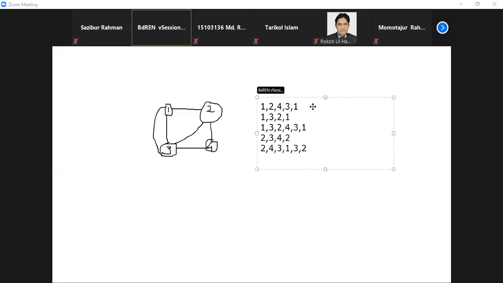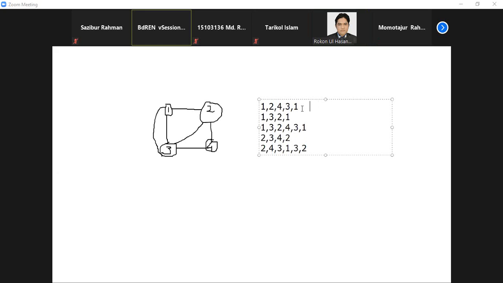Now tell me which of these are simple cycles and which are not. Is it a simple cycle? Let's go one by one. The first one is a cycle, the second one is a simple cycle.